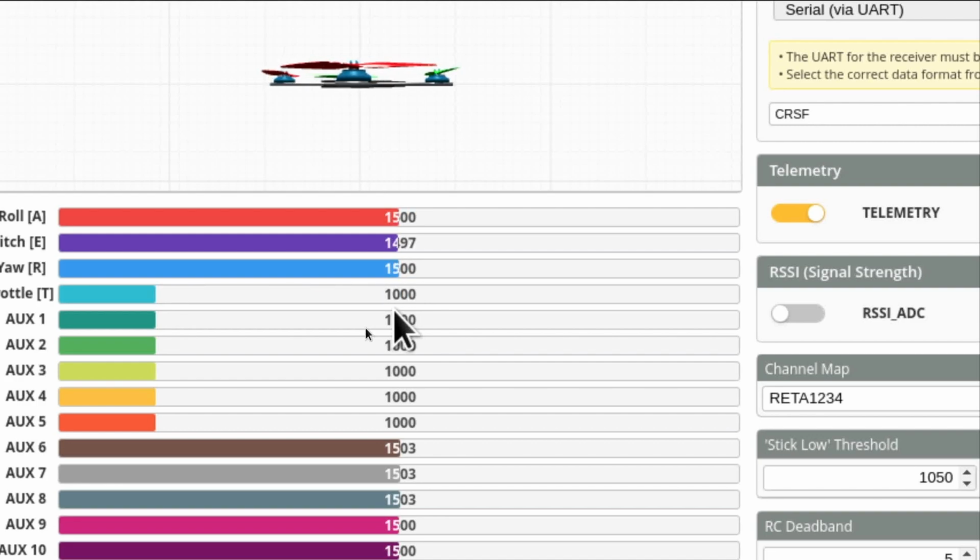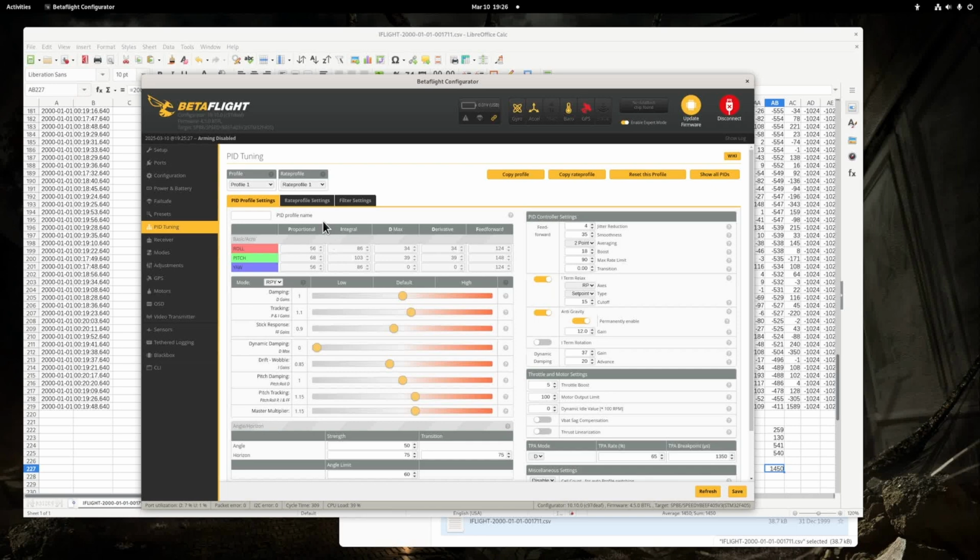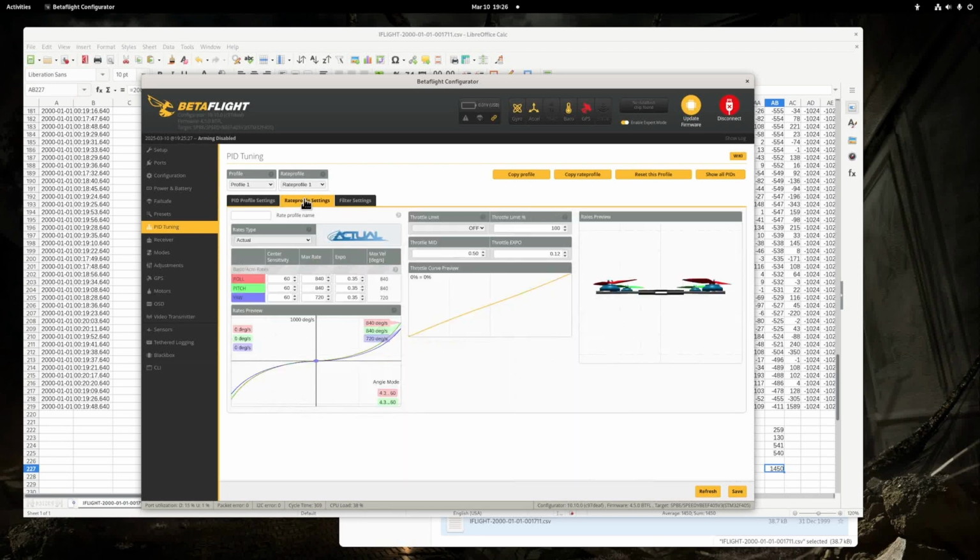Let's go there now to the S curve. Let me zoom out again. So I'm talking about PID tuning, specifically the rate profile. If you see here, it's not set to the mid throttle. So let me find out, look at this number. See, I cannot tell which one it is. All right.